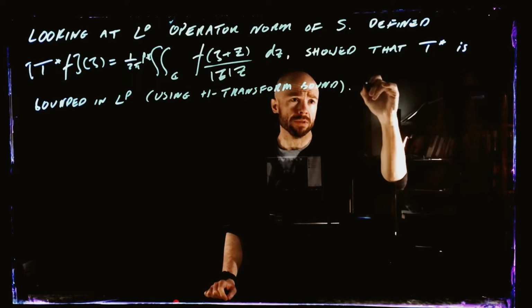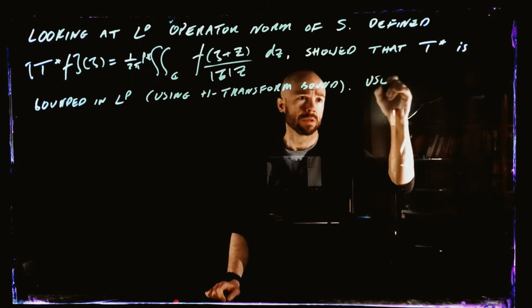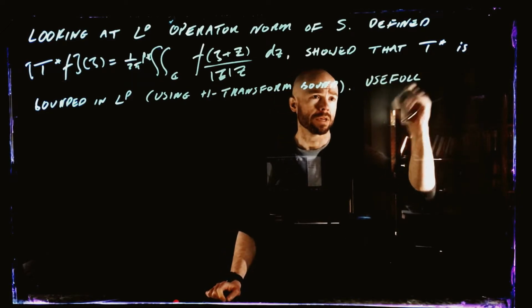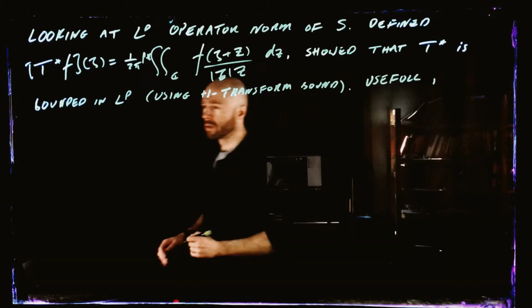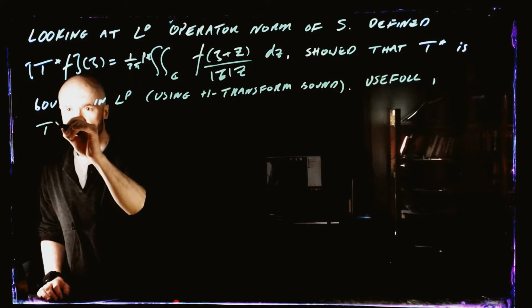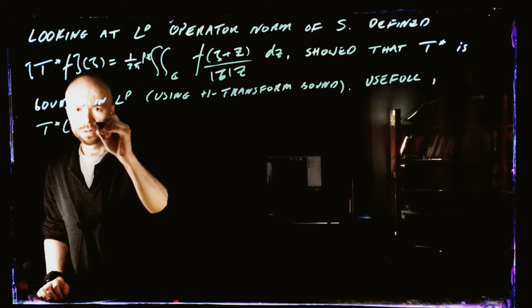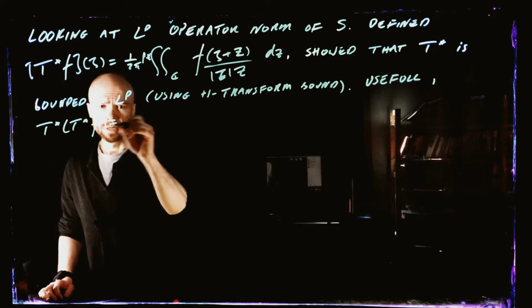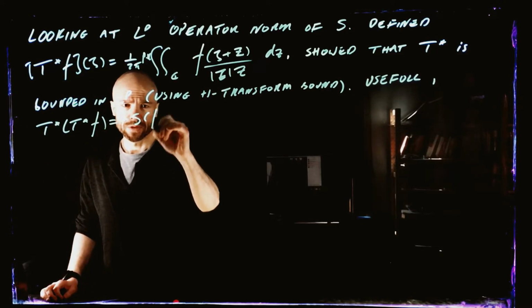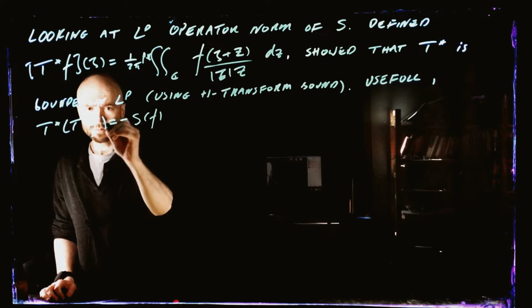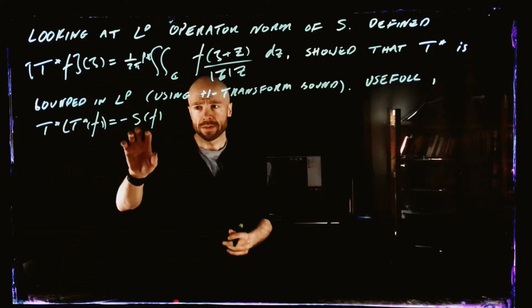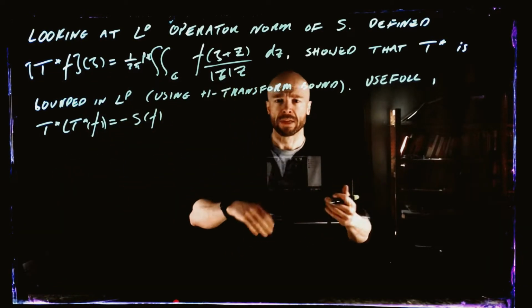And that was useful, because it turns out that if we compose twice with this operator with some function, it is minus the Beurling transform of this function. So that instantly gives that the Beurling transform is bounded in LP.